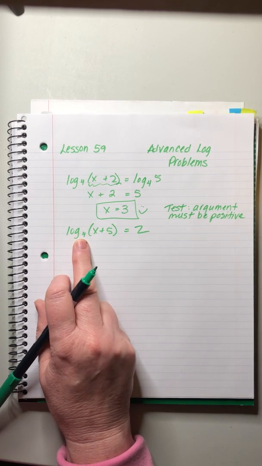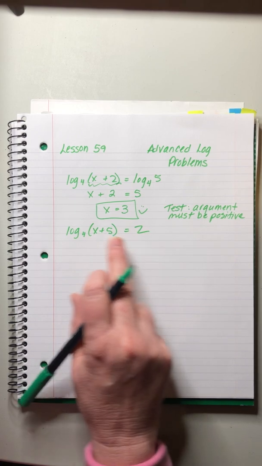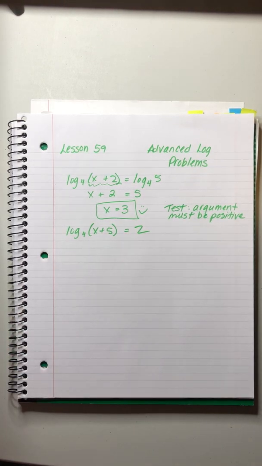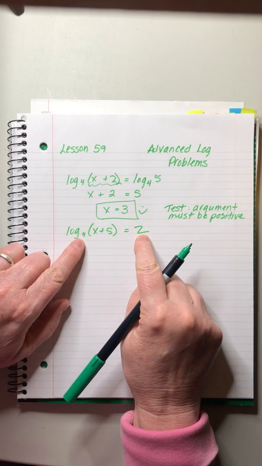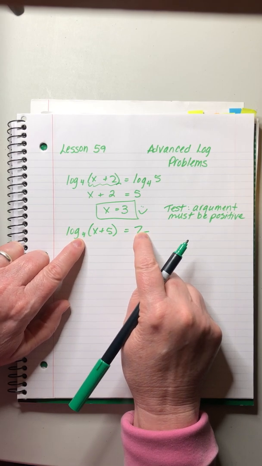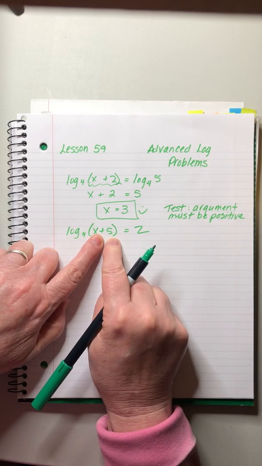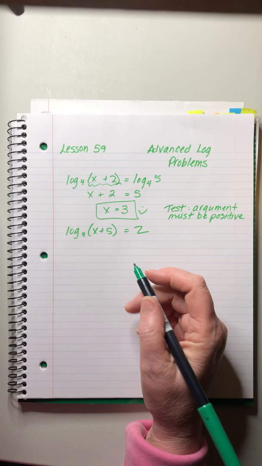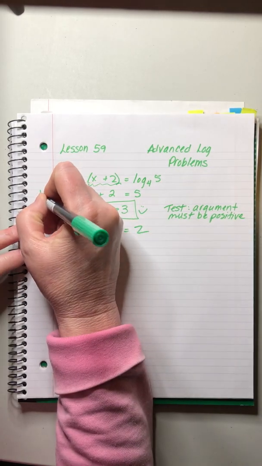There's the log over here with the base, but this is just the plain number, and we have to try and solve it for that. So what we're saying is that 2 is the exponent we put on 4 to get x plus 5. So what we have to do with these, instead of lifting off, we have to switch. Just a second, let me just write this.